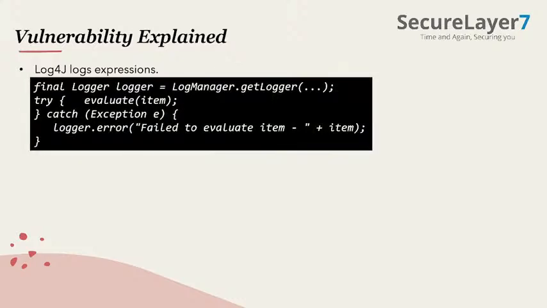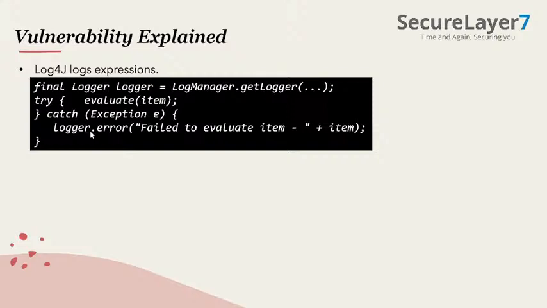Okay. So Log4j uses log expressions, right? What do I mean by expressions? If you see in this code snippet, on the first line it creates an object of the log manager. Then there is a try and catch, and in the try we are evaluating the item. Think of any item, whether it's an integer or not, or whether it's a valid item or not. There is just an evaluation of it with that method.